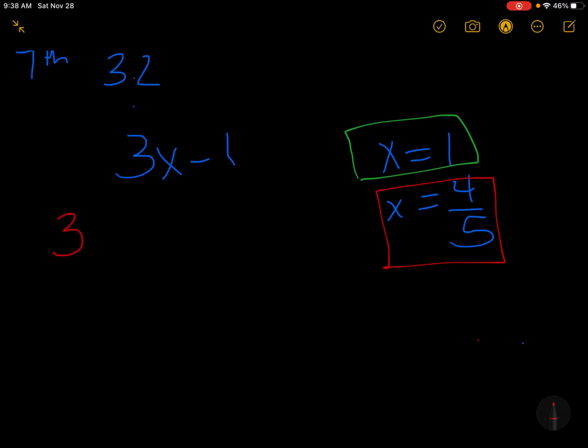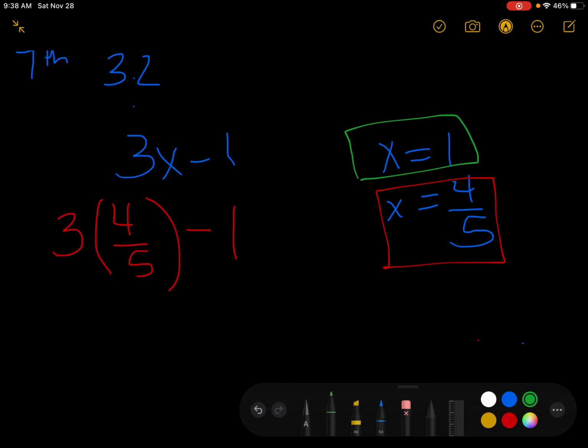So again, I rewrite my problem, putting in my new substituted x as such, and again follow my order of operations. So we are starting with parentheses. No, there isn't an expression inside of parentheses. There is next exponents. No exponents. Multiplication, division? Yes, same thing as last time.